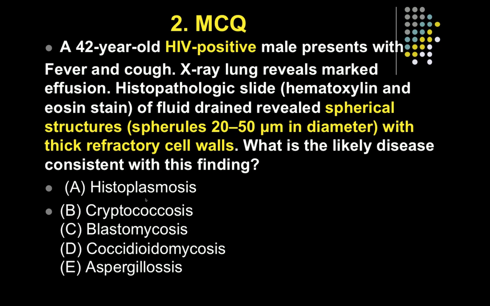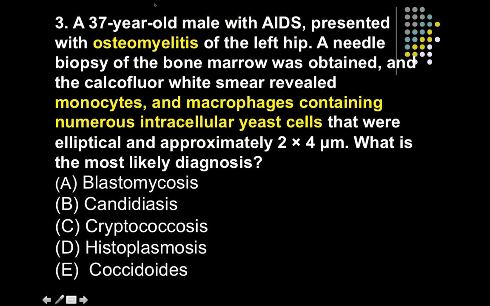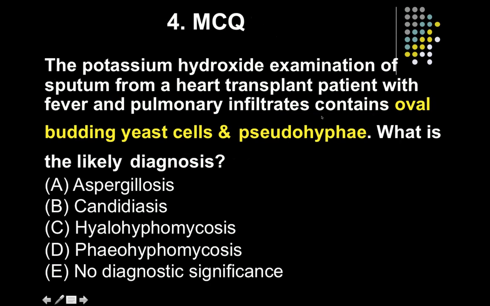I've shown you the slide and discussed this in my first lecture on histoplasma, so you find the answer for yourself. Third is a patient who has osteomyelitis, and a bone marrow aspirate was taken, which was then stained with calcofluor white, and you see macrophages containing intracellular yeast cells. Find the answer from the options given below.